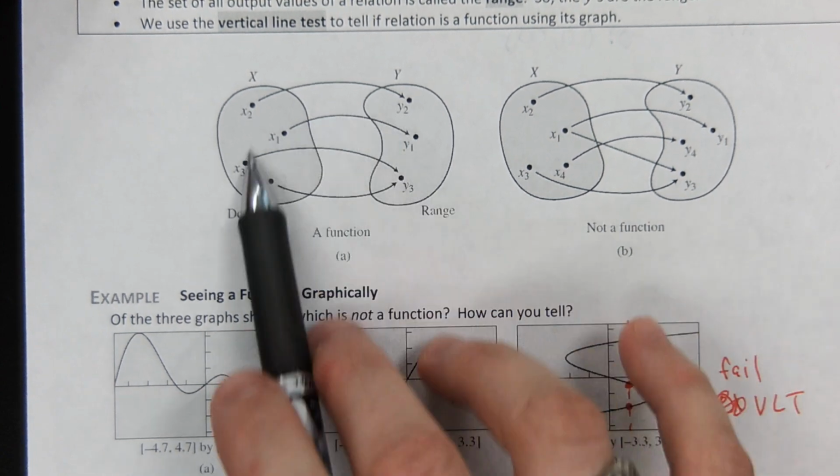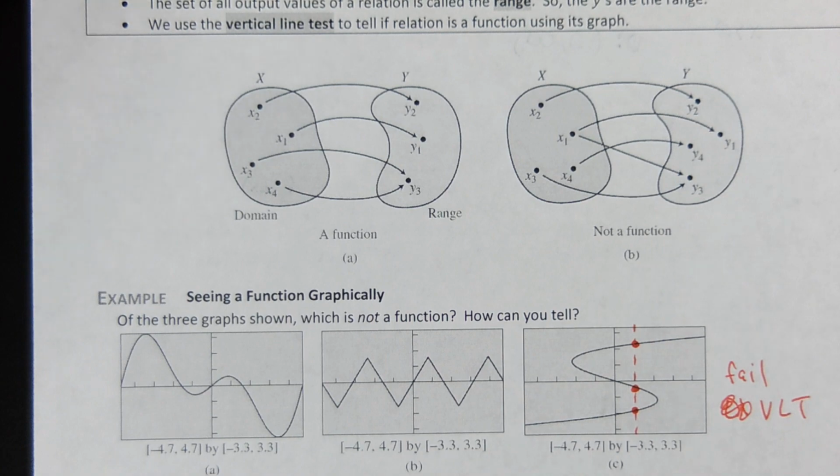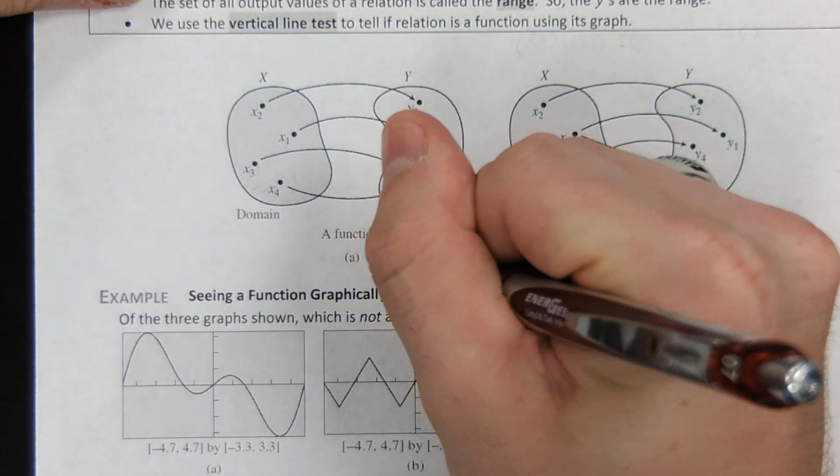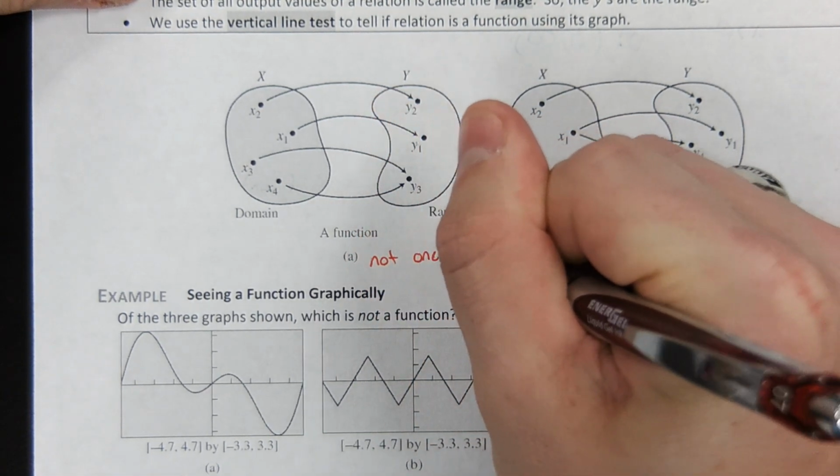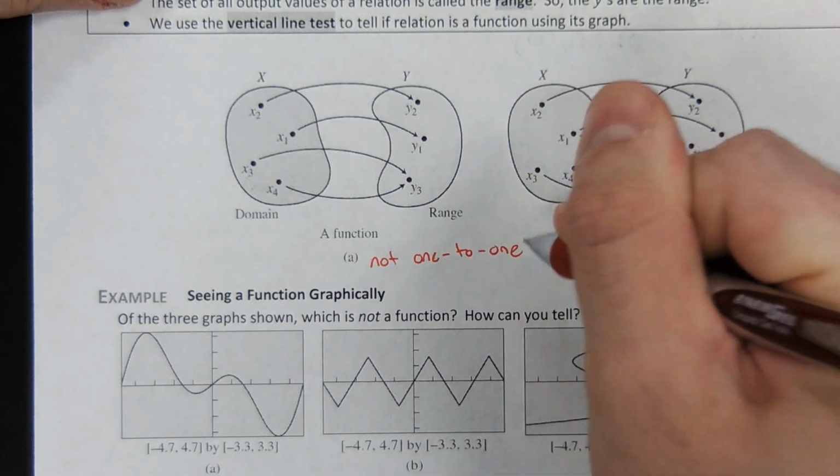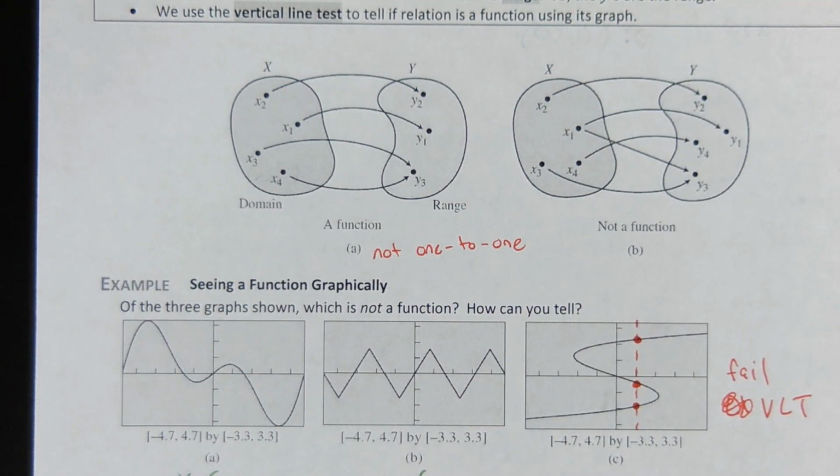So even though this is a function, it is not a one-to-one function, because it didn't satisfy that for every y there is one x. So if I could get an inverse relation for this function, the inverse would not be a function. It would break that rule.